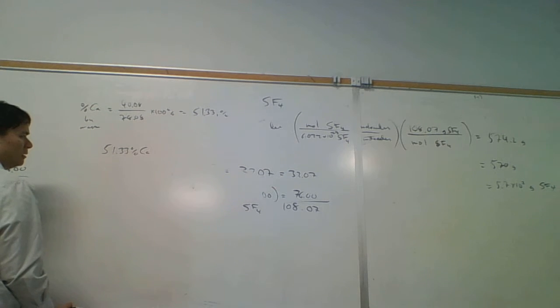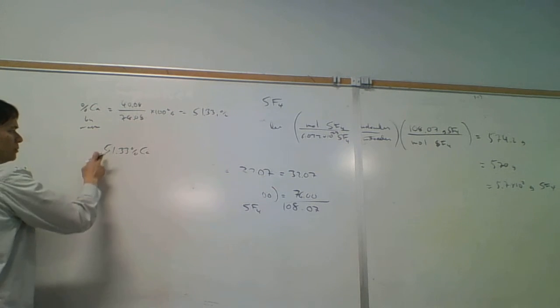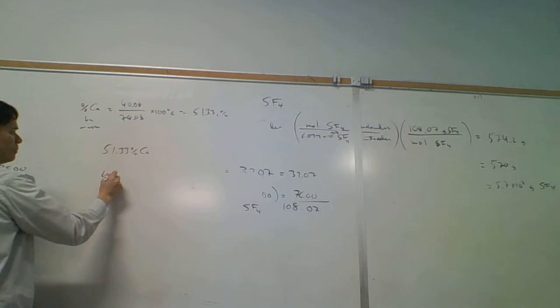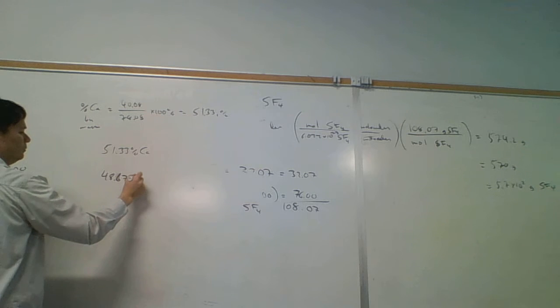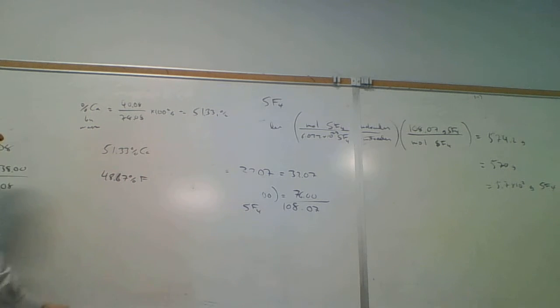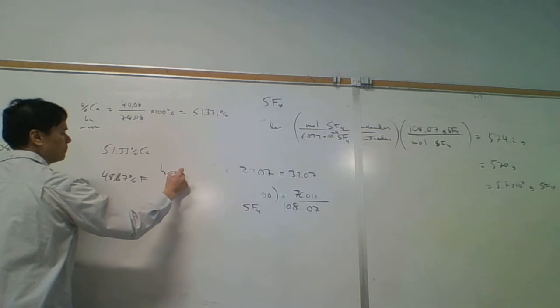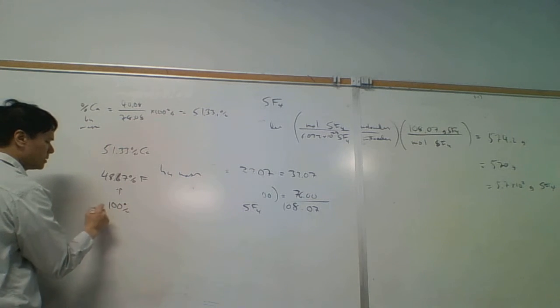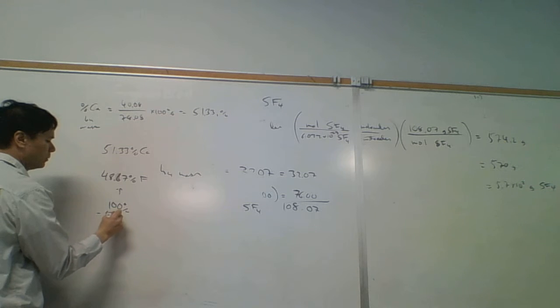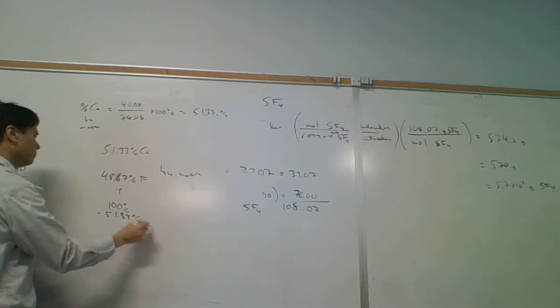The rest has to be fluorine, so we'll do 100 minus that, so we need 48.67. 48.67% fluorine by mass. So that comes from 100% minus 51.33%.